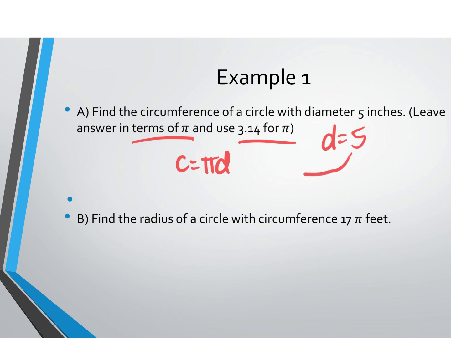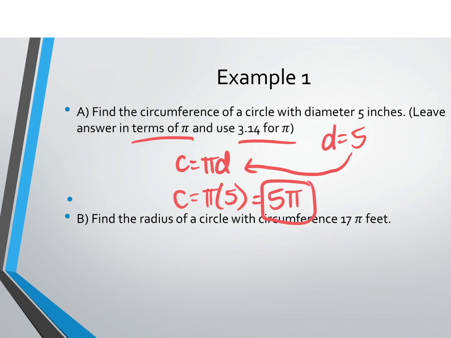So we're going to take 5 and plug it in for D. So C is equal to pi times 5. So if we're going to leave this in terms of pi, make sure the numerical portion comes first. C is equal to 5 pi. That's it. That's the answer in terms of pi.